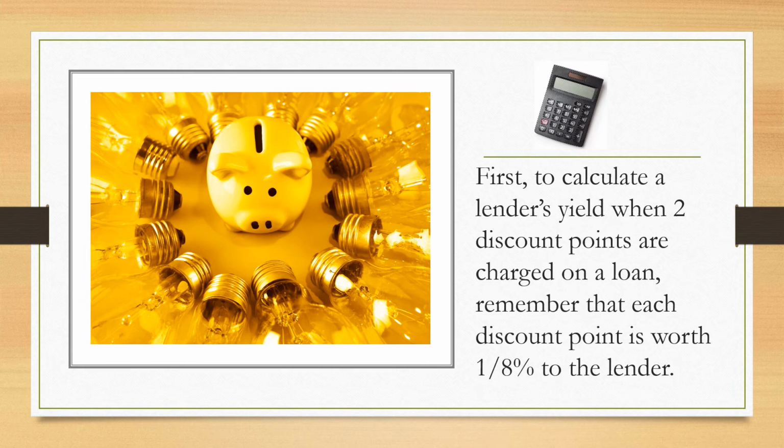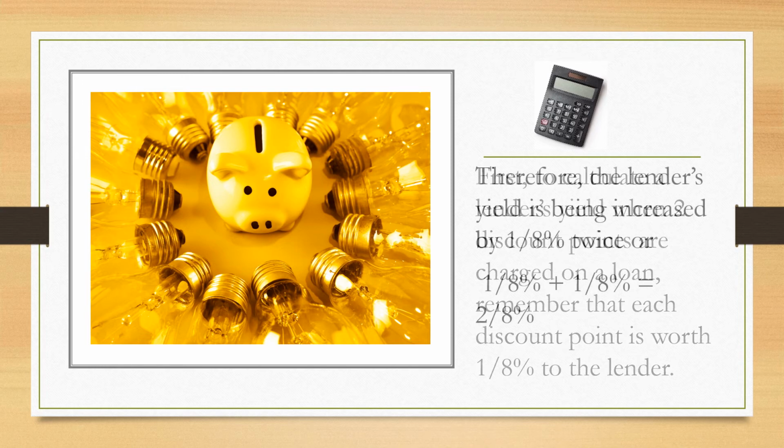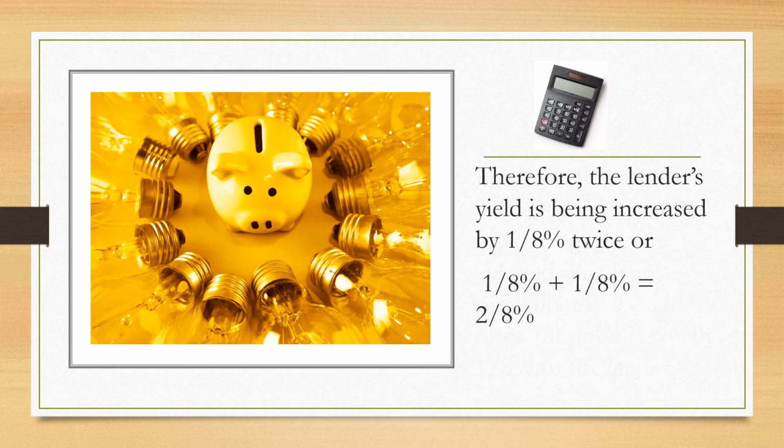First, to calculate a lender's yield when 2 discount points are charged on a loan, remember that each discount point is worth 1/8% to the lender. Therefore, the lender's yield is being increased by 1/8% twice, or 1/8 plus 1/8 equals 2/8%.